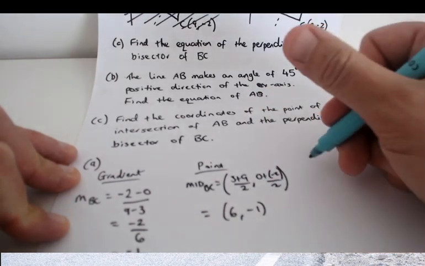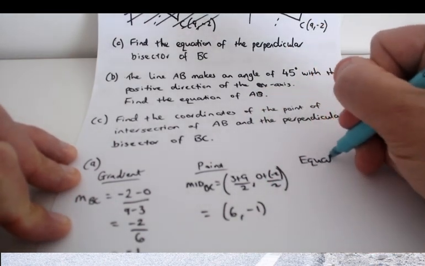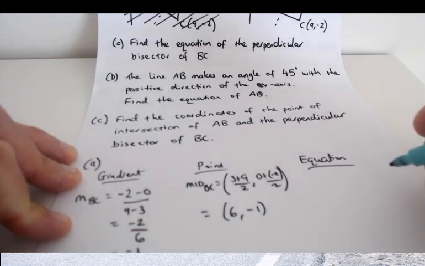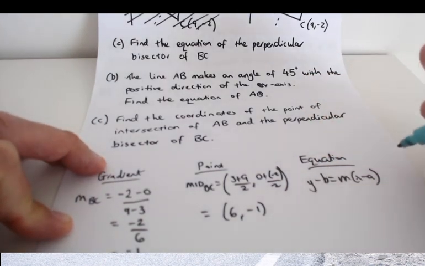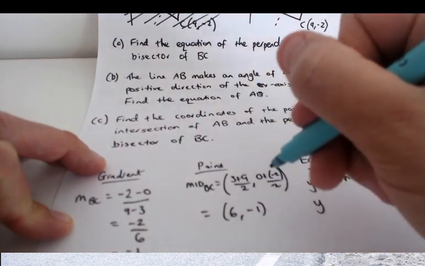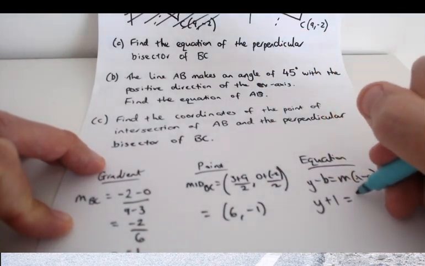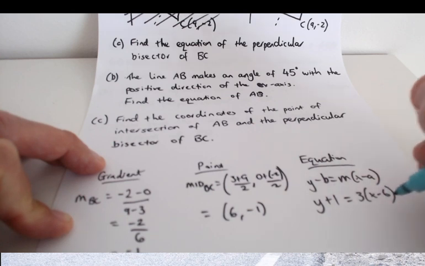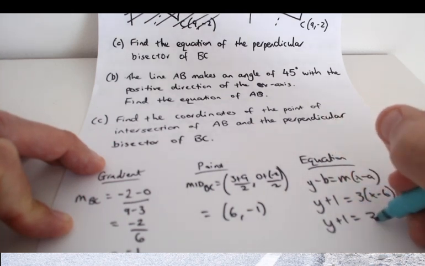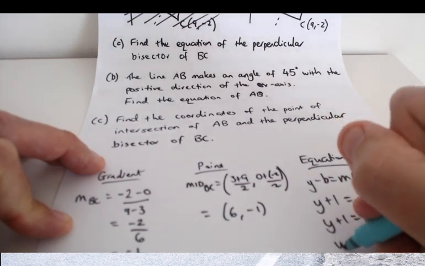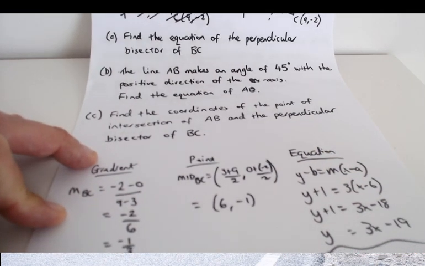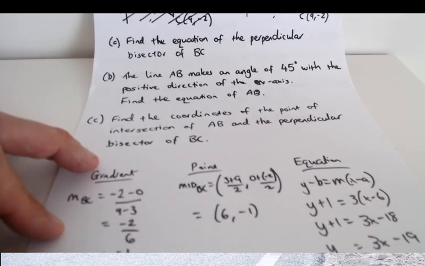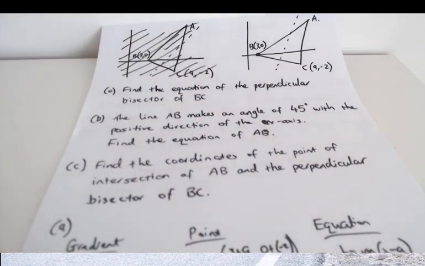So there's my point, and then I can go to my equation, and then it's going to be y take away minus 1, or y add 1, will equal 3 bracket x minus 6. Multiply out the bracket, take 1 away from both sides. Final answer, y equals 3x minus 19 for the perpendicular bisector. I hope you all got that right.